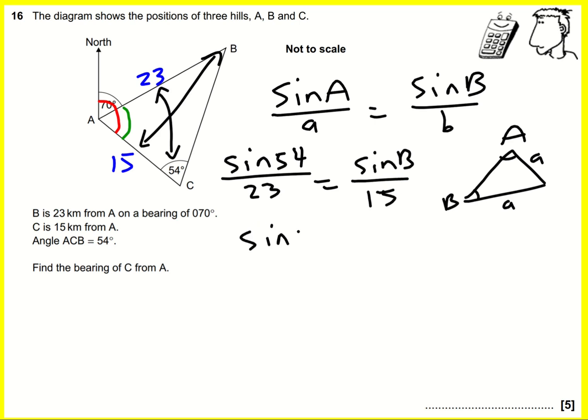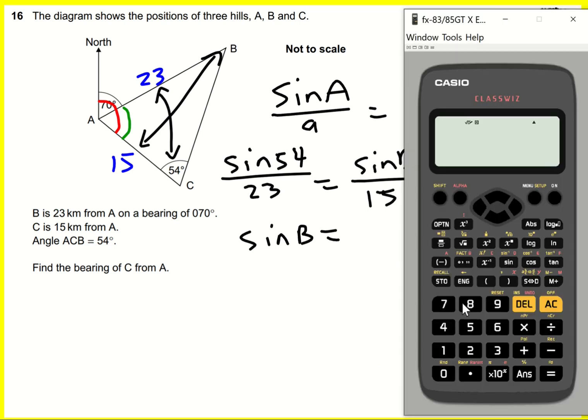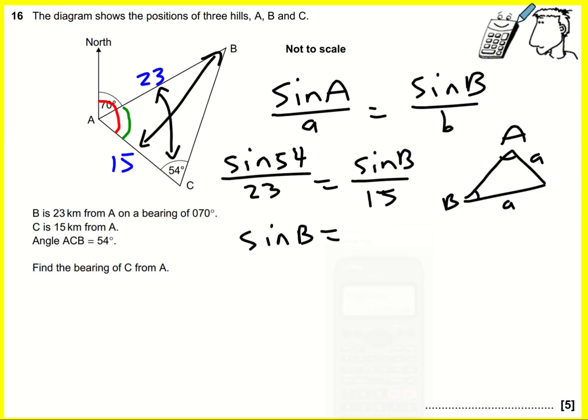and then I can work out sine B, because I can just multiply through by 15. So I can do fraction button, sine 54, close bracket, press down, 23, press right, multiplied by 15. That gives me 0.5276.